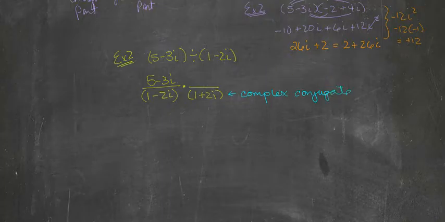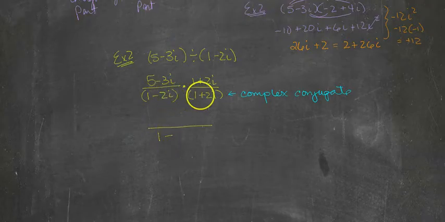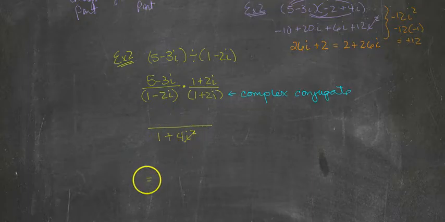Okay, and then the same thing in the numerator. Now I can do distribution. The bottom part is easy because this is just a sum and difference of two squares pattern. So I've got 1 times 1 is 1 minus 2i times 2i is 4i squared. That equals a negative 1, so I know my denominator is going to end up just being 5.